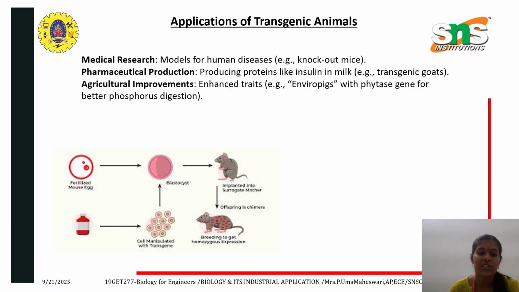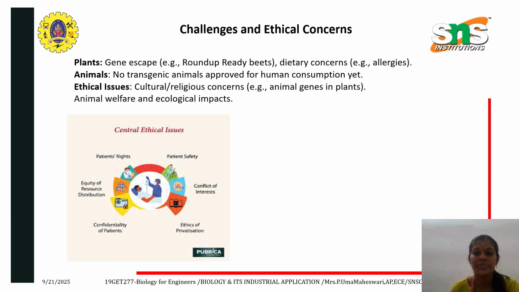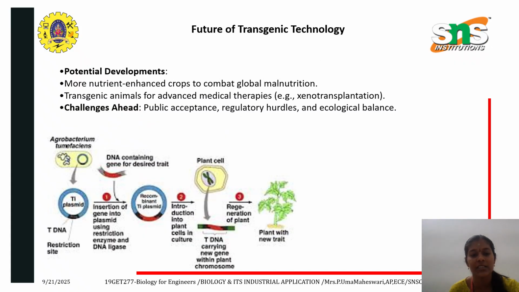The key applications are stress resistance: biotic stress resistance, that is, engineering plants to resist infections from viruses, fungi, and bacteria. The future of transgenic technology is the potential development of more nutrition-enhanced crops to combat global malnutrition.